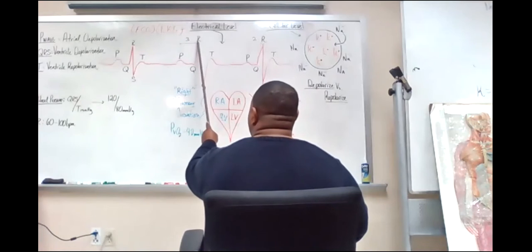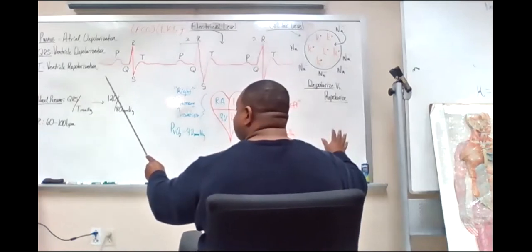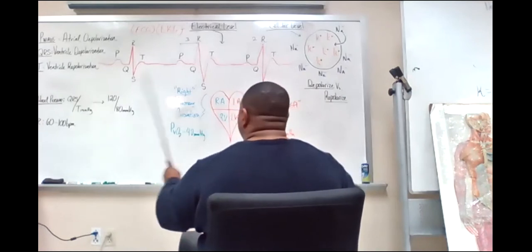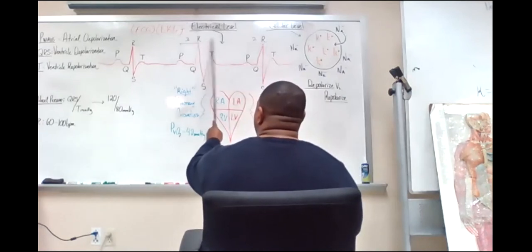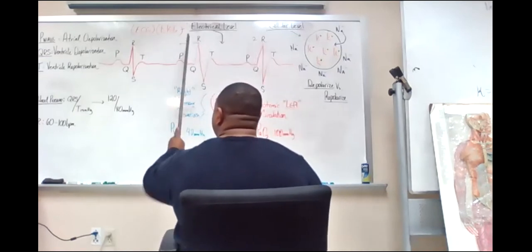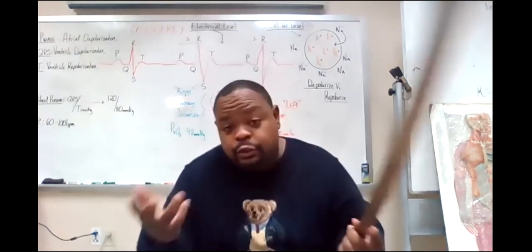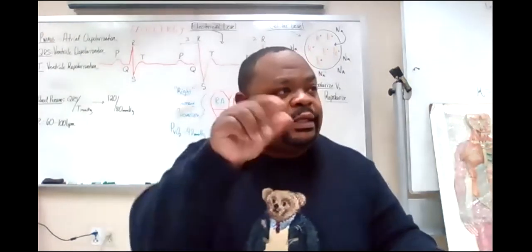It should be the same amount of space all the way through for it to be in rhythm. But if this R wave and this R wave is not the same space as this R wave and this one, then that's out of rhythm, okay? And you can do that by just counting the boxes in between each one.